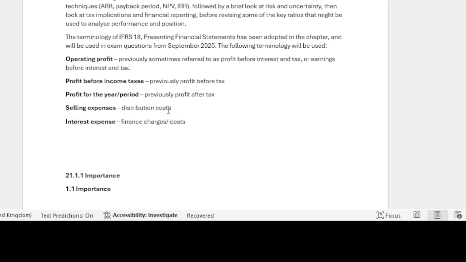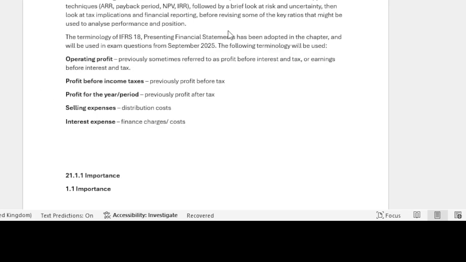But computing it will not be something that will necessarily be required from you in this paper. Things like IRR, NPV, ARR, payback periods, they will be quite important for you to know which project to take on, or how to advise management on where they can invest. So you need to know how to compute, but we don't need to do calculations in this paper.